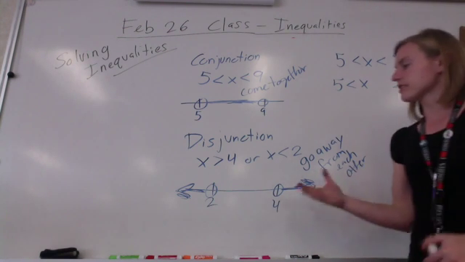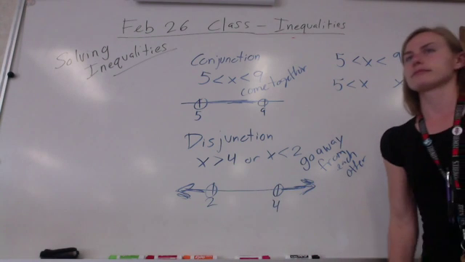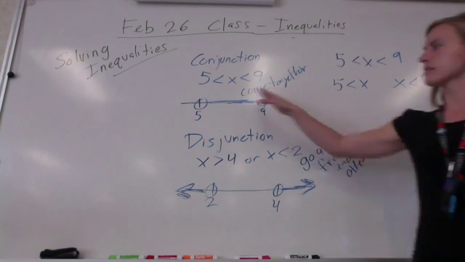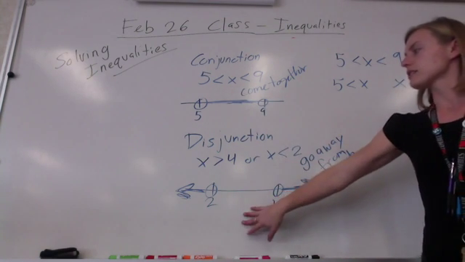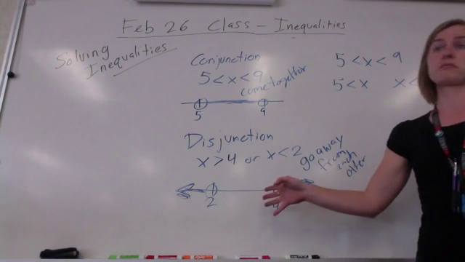You're essentially saying that we're excluding everything in the middle here. With the conjunction, we're saying x is somewhere between here. With the disjunction, we're saying x is pretty much everywhere else except between here.